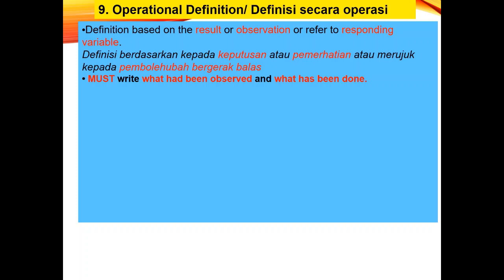So biasanya untuk menjawab soalan definisi secara operasi mesti berdasarkan kepada keputusan ataupun pemerhatian ataupun merujuk kepada pemboleh ubah bergerak balas. You cannot give the definition based on the theory. Tak boleh memberikan definisi secara teori, mesti secara operasi. Apa maksudnya secara operasi? Maksudnya semasa kamu jalankan eksperimen tersebut, apa yang kamu nampak ataupun apakah yang telah anda lakukan. So you must write what have been observed and then what have been done.